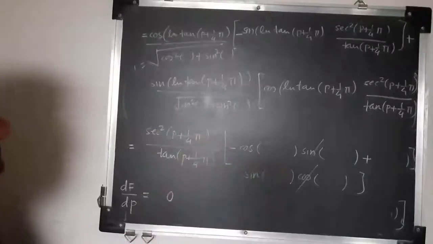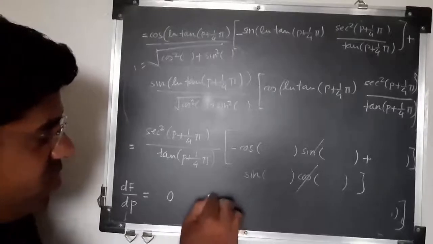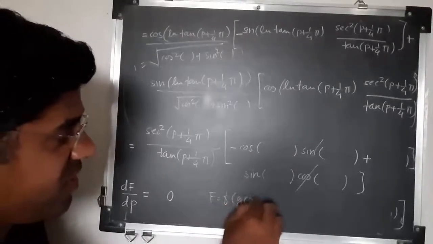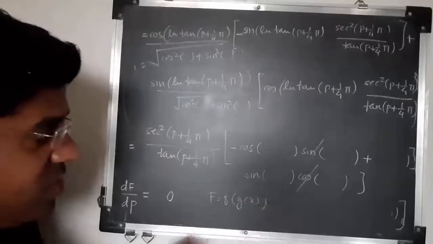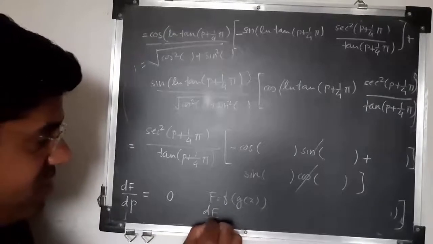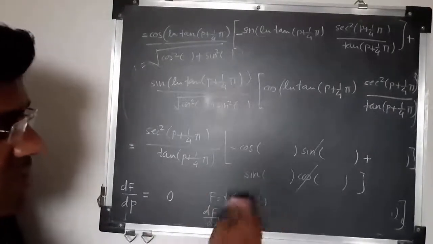In general, suppose f is a function of some different variable g of x, and you want to find out df by dx. So you have to apply that particular formula.